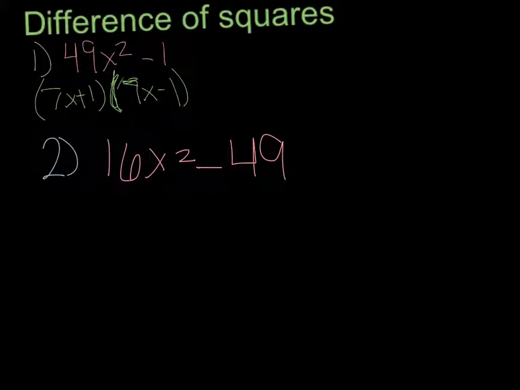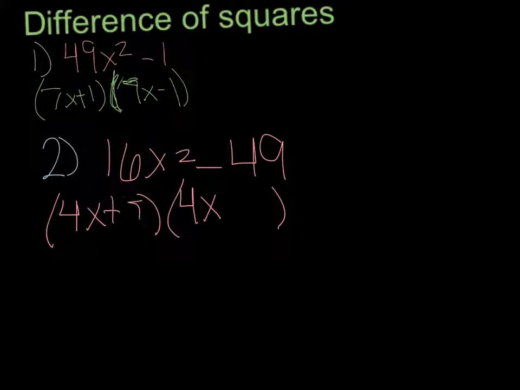Since they're both perfect squares, you put two parentheses, and you take the square root of 16x squared and of 49. The square root of 16x squared would be 4x, so we put a 4x in each. And then the square root of 49 would be 7. So plus 7 in one, and then minus 7 in the other.